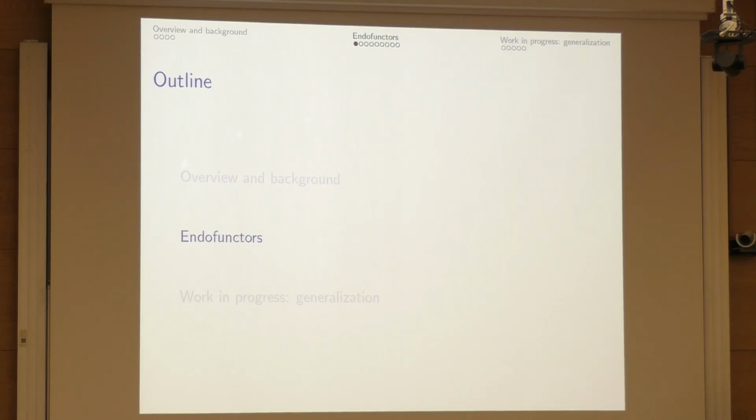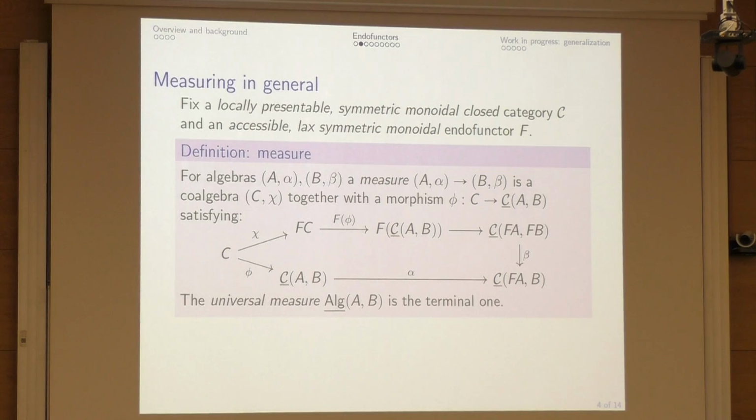now for the content. So here's a definition of measuring. So I said that we have an enriched category where the enriched homs are defined as these universal measuring coalgebras. So now I'm going to define that. So here are our hypotheses again. And we've got two algebras that we're trying to take an enriched hom between.